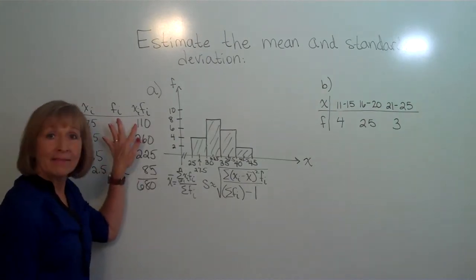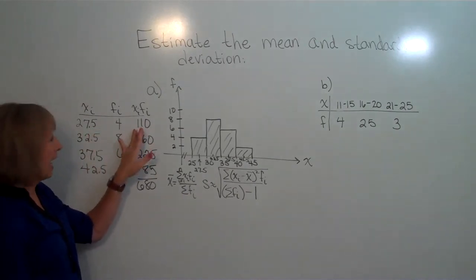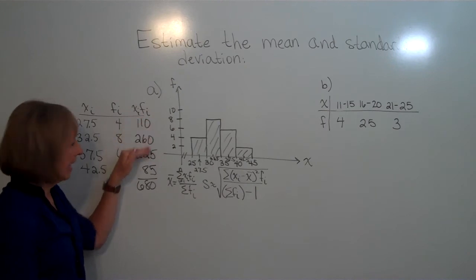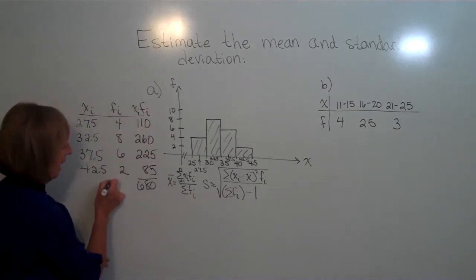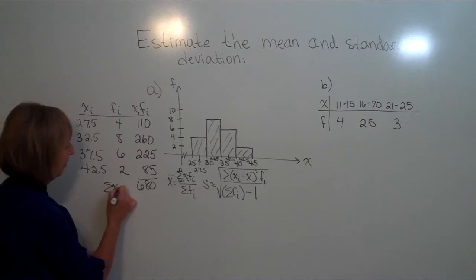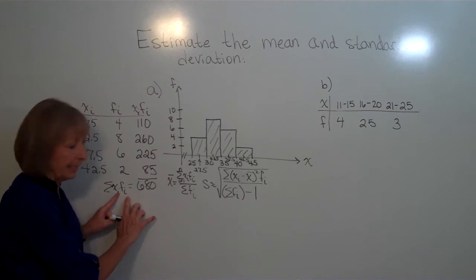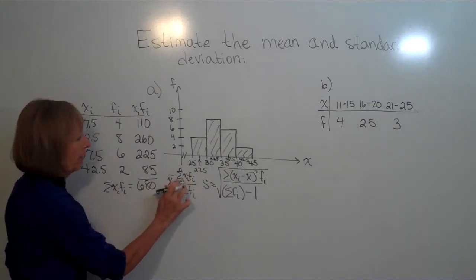Now that we have this column filled out, 27.5 times 4 is 110, 32.5 times 8 is 260, etc. And then add those up. That is the adding up of the x sub i times the f sub i's. So that's adding up each x value times its own frequency, and that gives me the 680. So that's the numerator of your x bar.